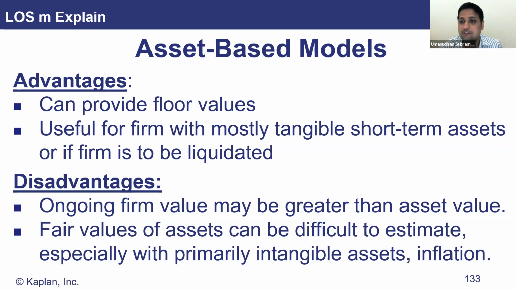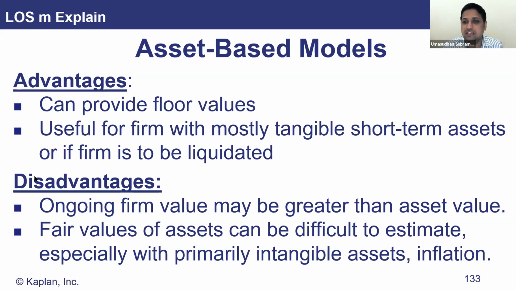You remember when we did the asset-based valuation calculation, we increased the fixed assets value by 20%. How did you get that fair value? Maybe fair values are difficult to obtain in some markets. That is again a problem, because when you want to use asset-based valuation, you first need to make sure all the assets in the balance sheet are at fair value, isn't it?